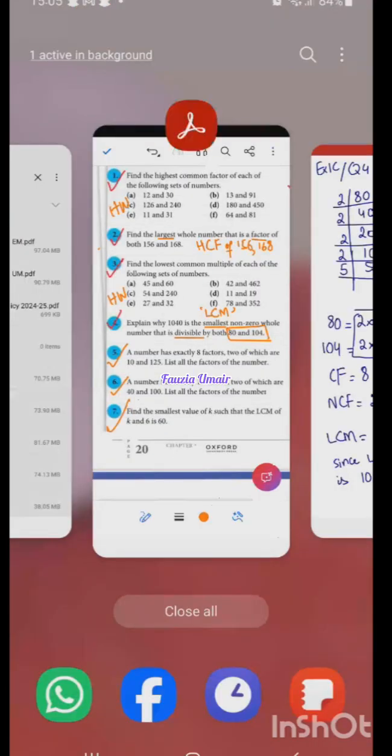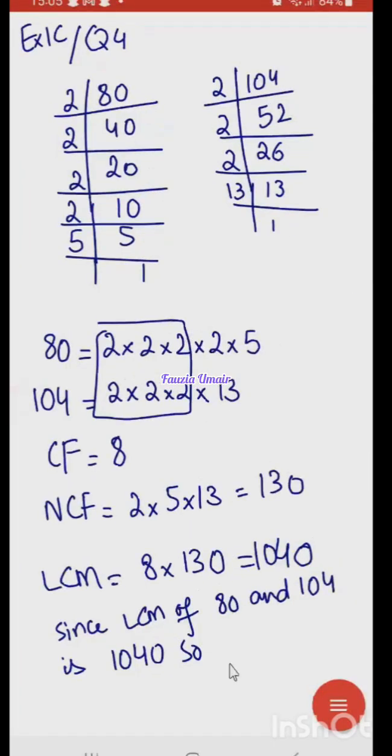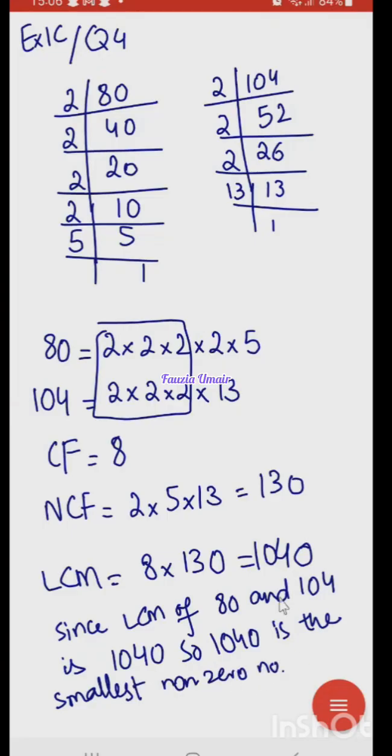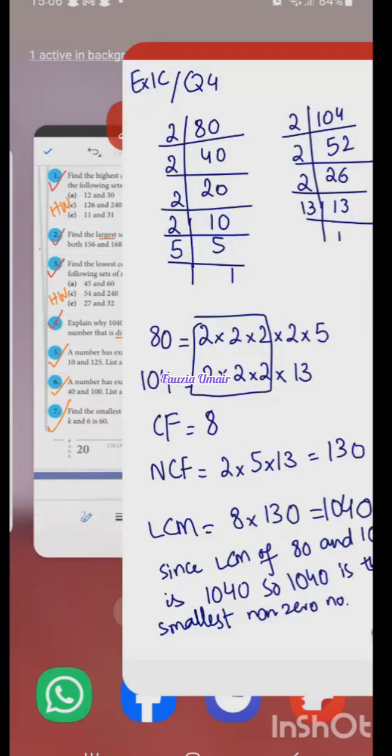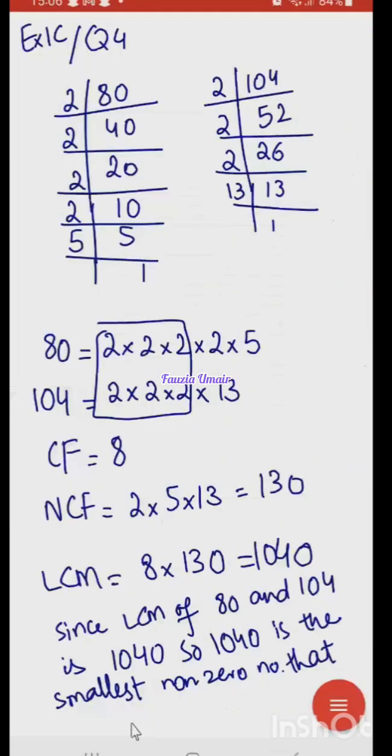So आपने लिखना है so 1040 is the smallest non-zero number that is divisible by both, ठीक है, 80 and 104.